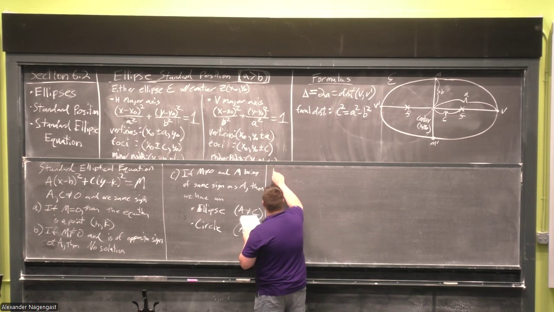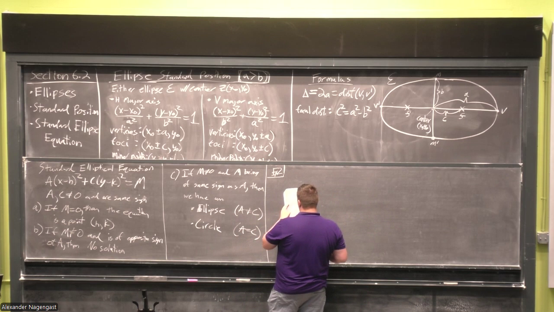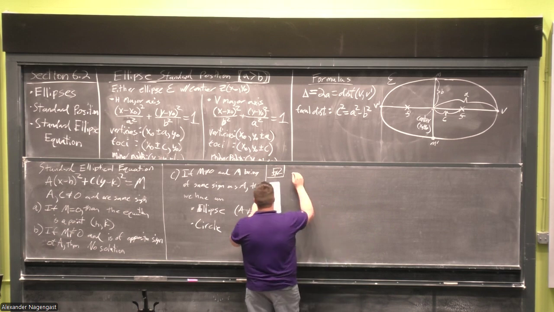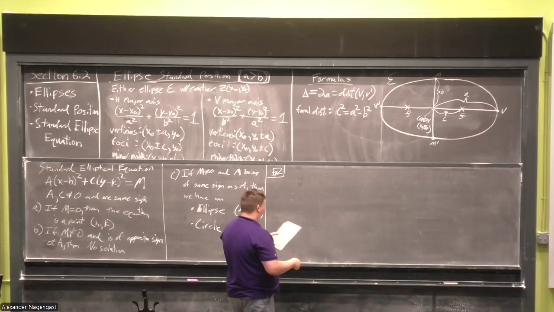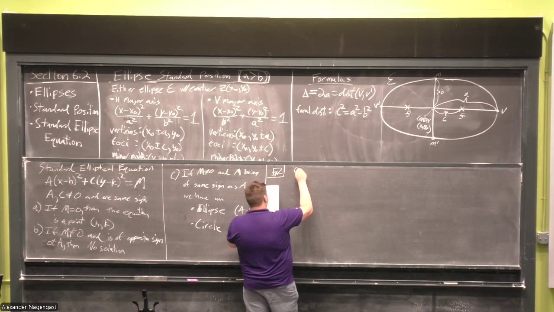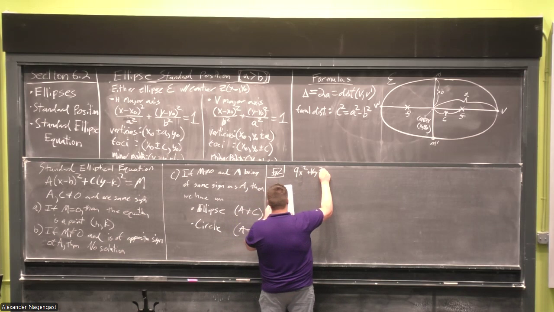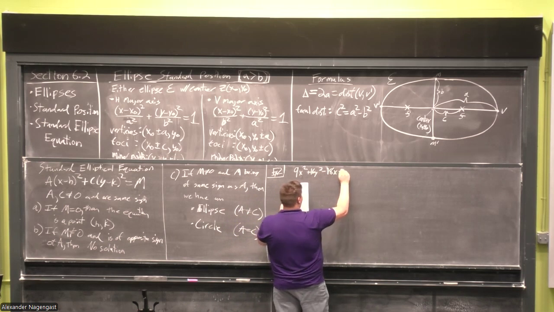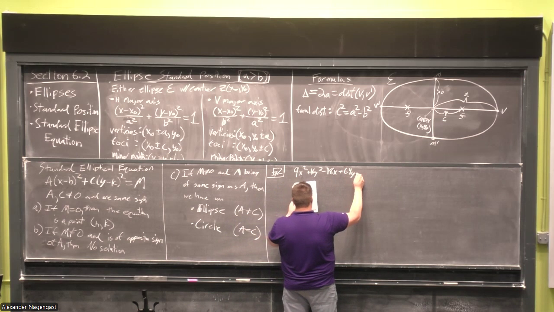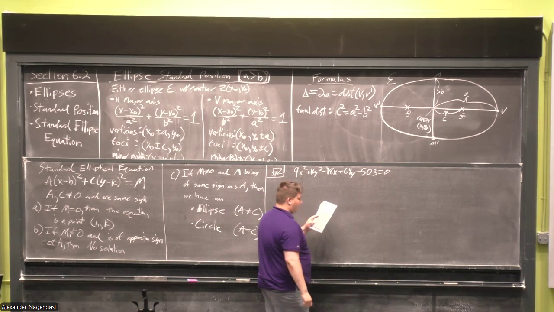We'll start off with example 2. We want to find all the points of interest, so that's the center, foci, vertices, and minor points. We're given 9x squared plus 16y squared minus 18x plus 64y minus 503 is equal to 0.